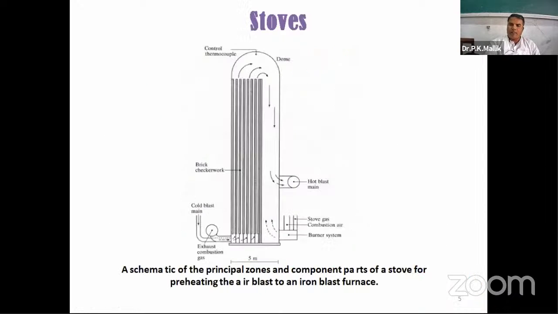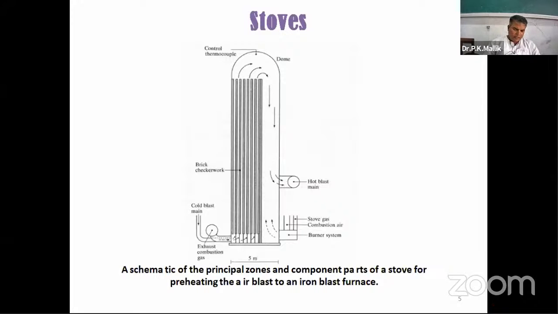Then the next slide, the stoves. Blast furnace stoves are generally used to generate the high temperature. To generate the high temperature required for the reduction of iron in the hearth region of the blast furnace, the incoming air is preheated prior to the combustion of the coke. So again here we come to the heat transfer case.